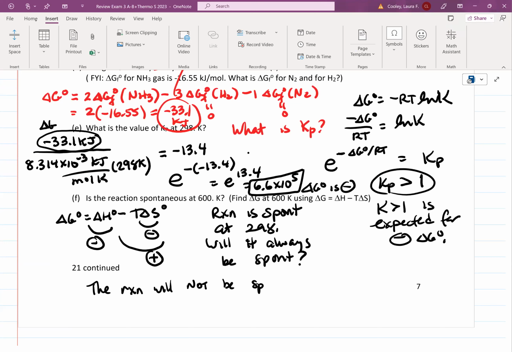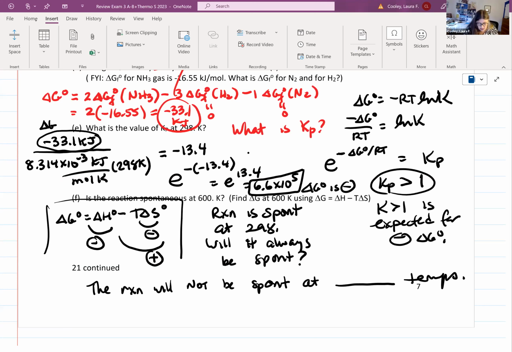Well, if you want to verify that, you can do the absolute values thing, because they're competing terms. But I'm just asking you to casually look at this and tell me the reaction will not be spontaneous at what? Right now we have a delta G that's negative because the delta H is the dominant term, and the delta H is negative.